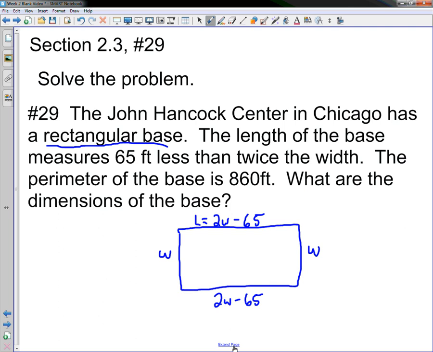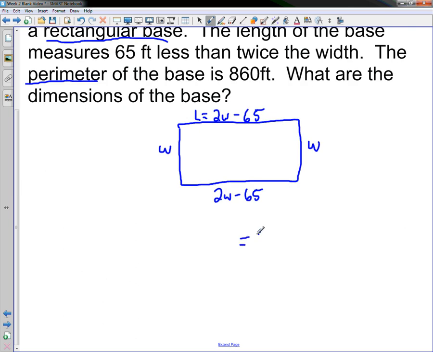Now, when we're working with perimeter of an object, remember the perimeter is the sum of the distances around the figure. So we're going to take this, plus this, plus this, plus this, and that will give us the perimeter. So my perimeter total is 860 feet.